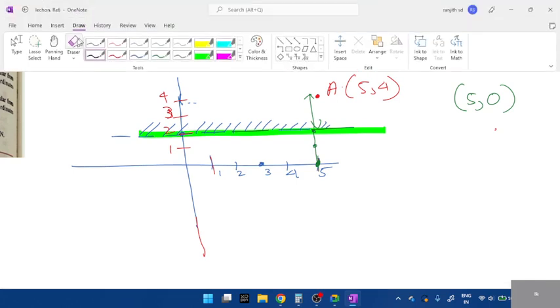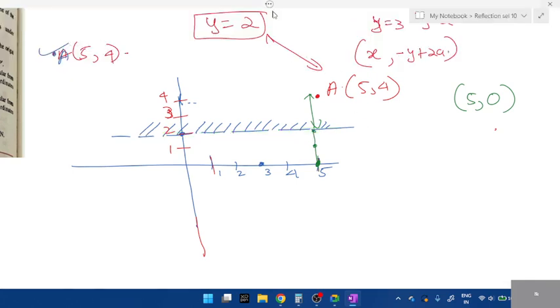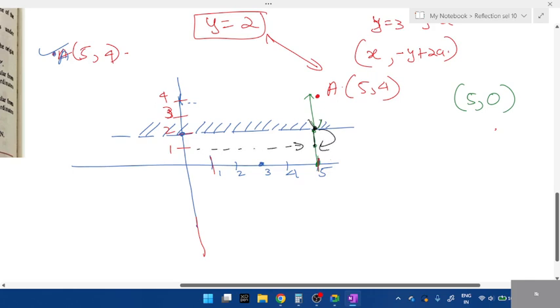5 comma 0. You understood the reflection, Amy? Okay. Two points, right? So from 2, if I move 2 points, the first point is where? No. First point is at 1. Second point, it goes on which axis?